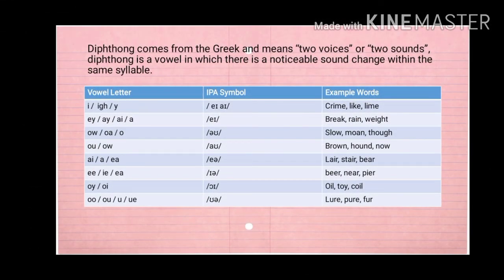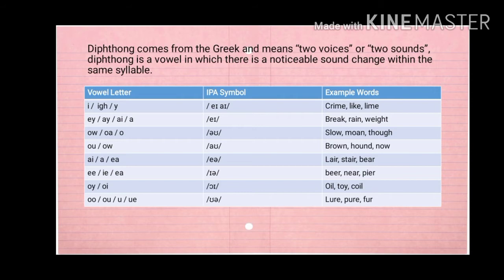Diphthong comes from the Greek and means two voices or two sounds. Diphthong is a vowel in which there is a noticeable sound change within the same syllable.